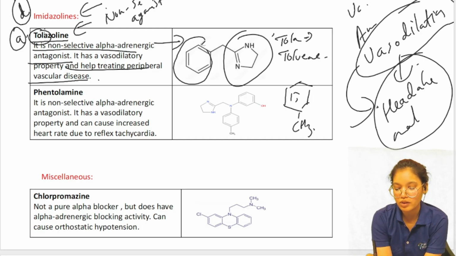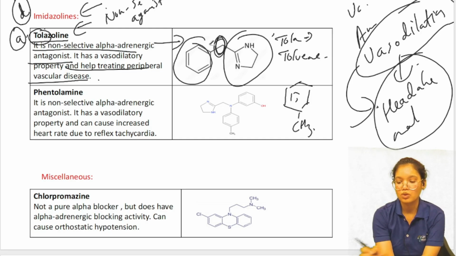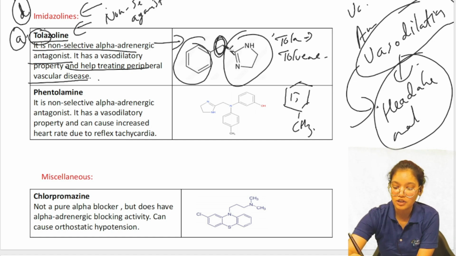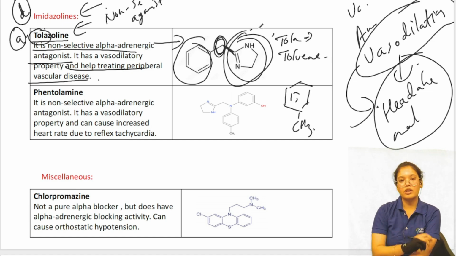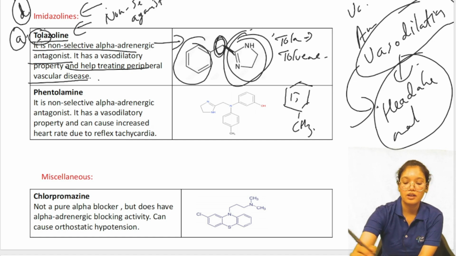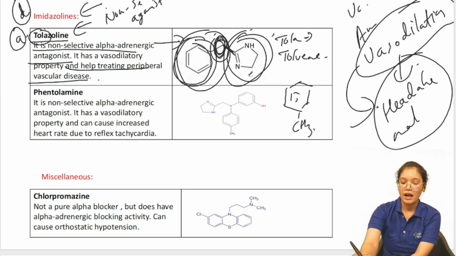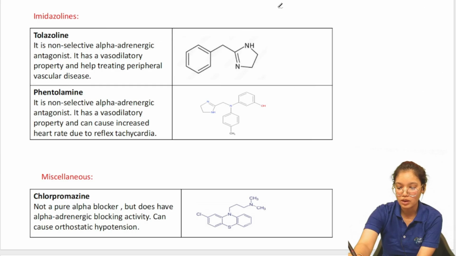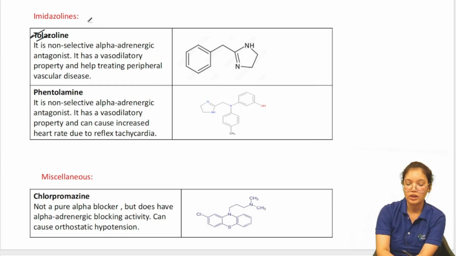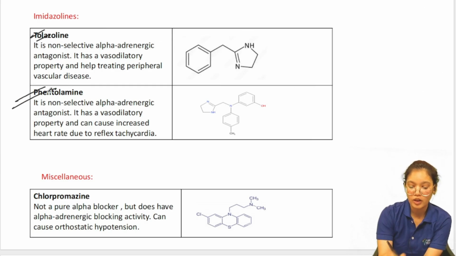Here also we have a benzene ring attached to CH3 that is attached to the imidazole ring. So it has a very simple structure and we can remember it easily. Okay, so tolazoline.